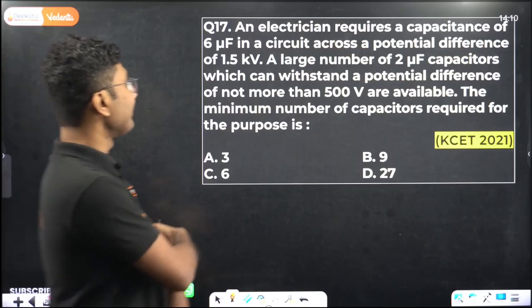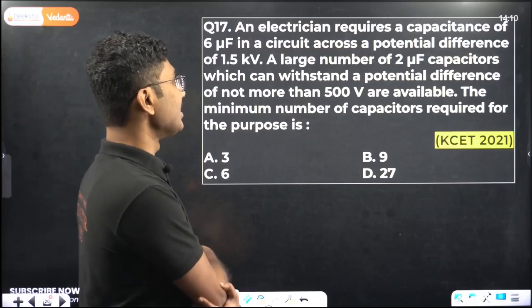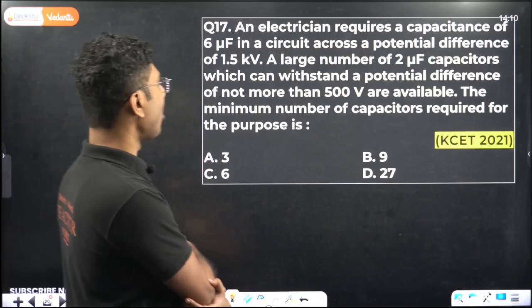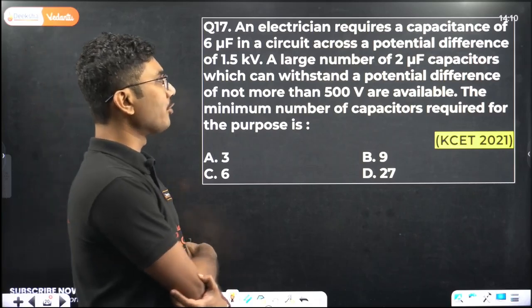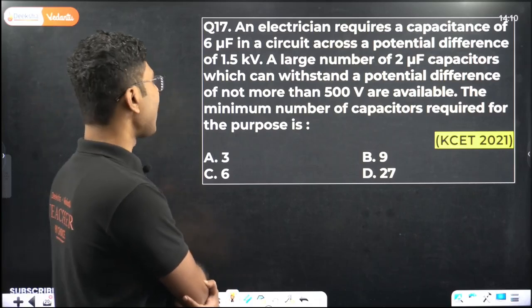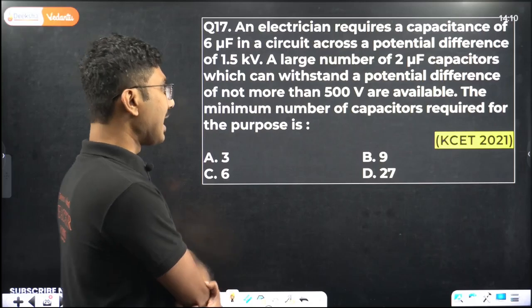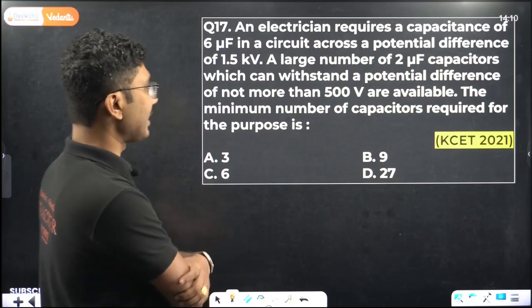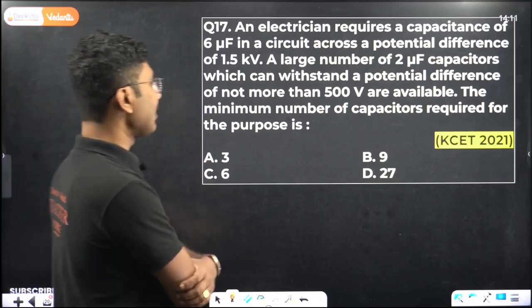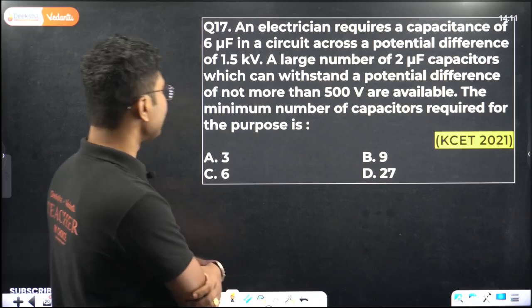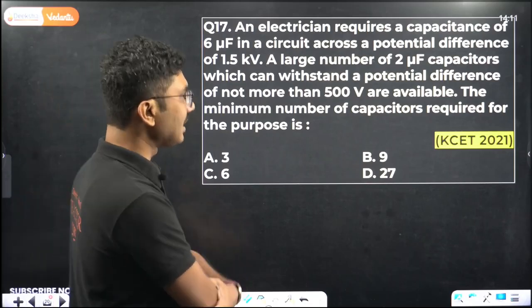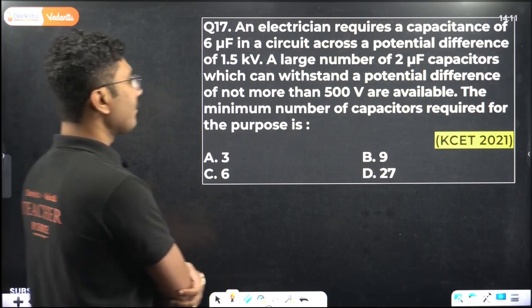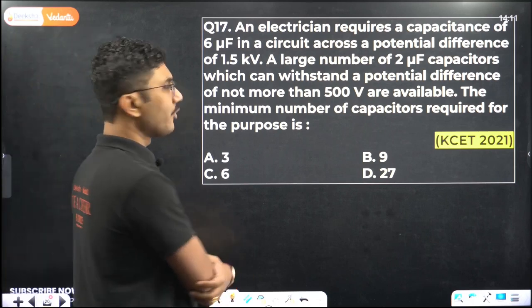Next, question number 17. An electrician requires a capacitance of 6 microfarad in a circuit across a potential difference of 1.5 kilovolt. A large number of 2 microfarad capacitors which can withstand a potential difference of not more than 500 volt are available. The minimum number of capacitors required for the purpose is?